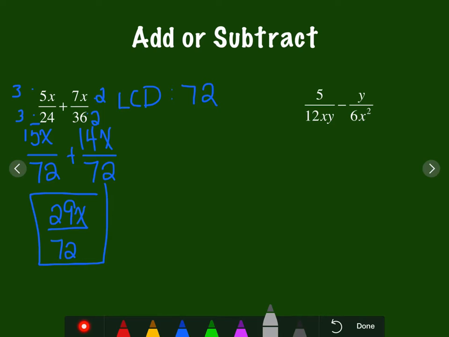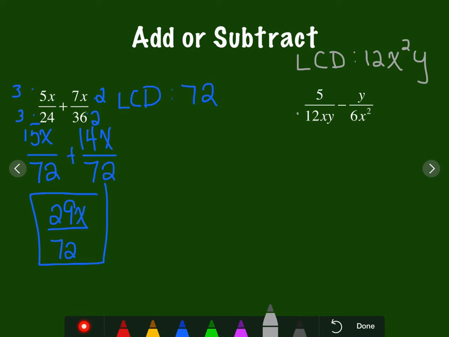In the next example, I have 5 over 12xy minus y over 6x squared. So my LCD here is 12x squared y. Okay, if I look at my first fraction, I have the 12, I have the y, and I have one of the x's for the x squared.